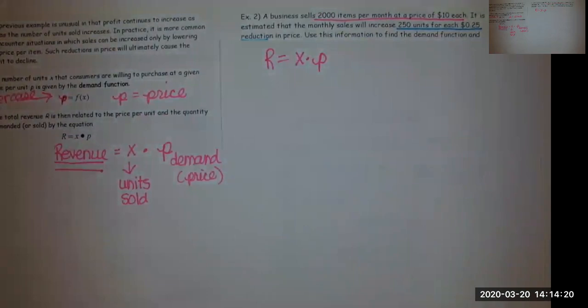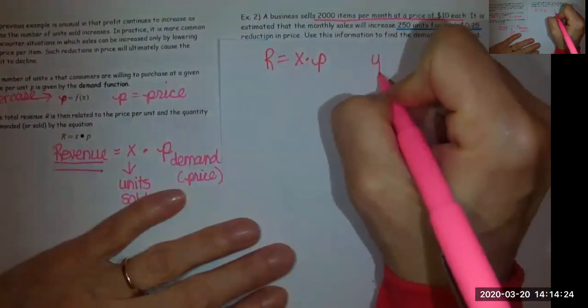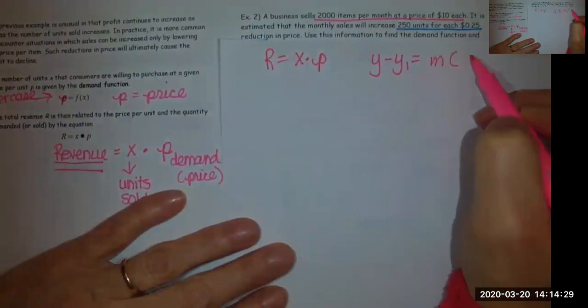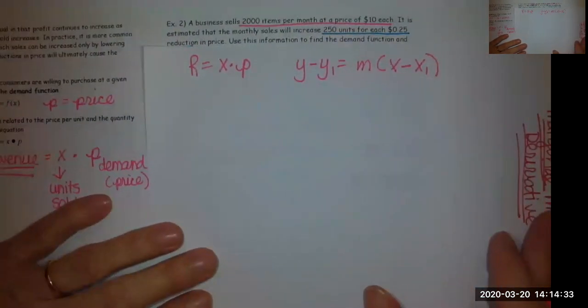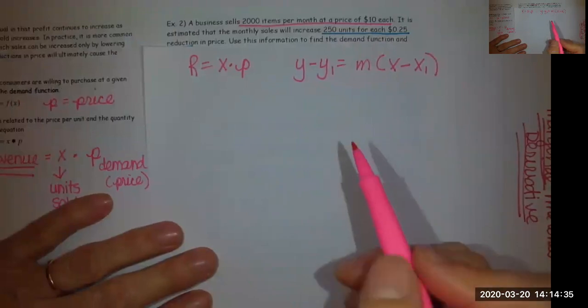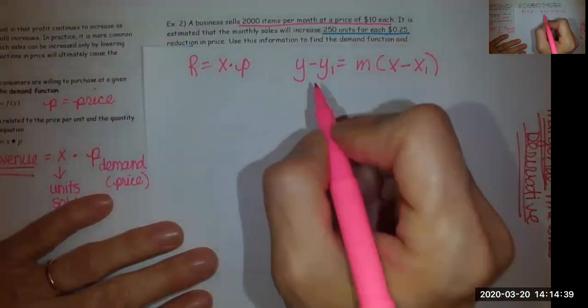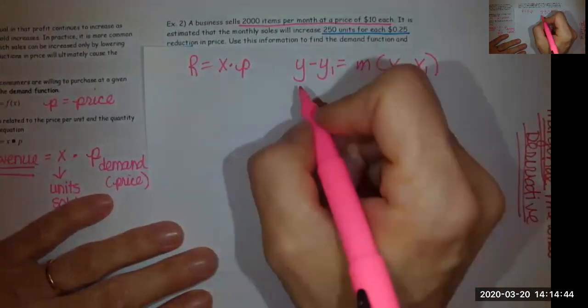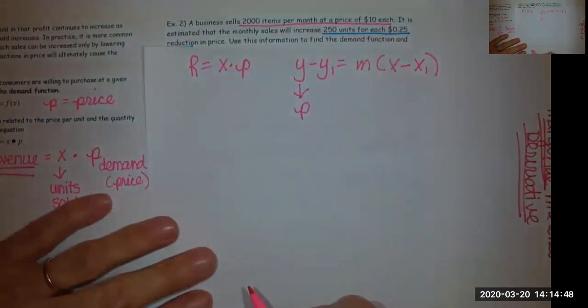So what we can do here is use a linear equation that y'all are very familiar with. y minus y1 equals m times x minus x1. Yes, point slope. Woohoo! The thing I want to put in your head right now is instead of using y, we're going to use p. y is going to be the price. Okay, keep that in mind.